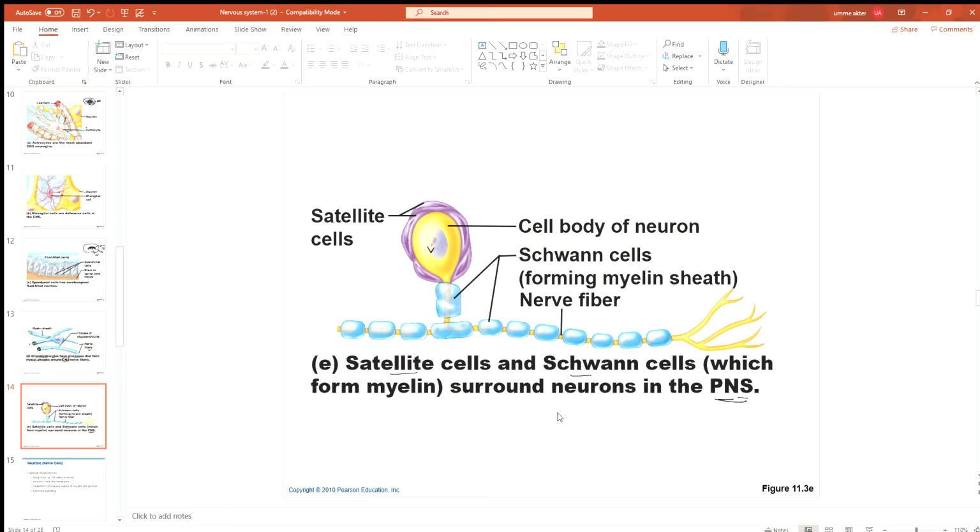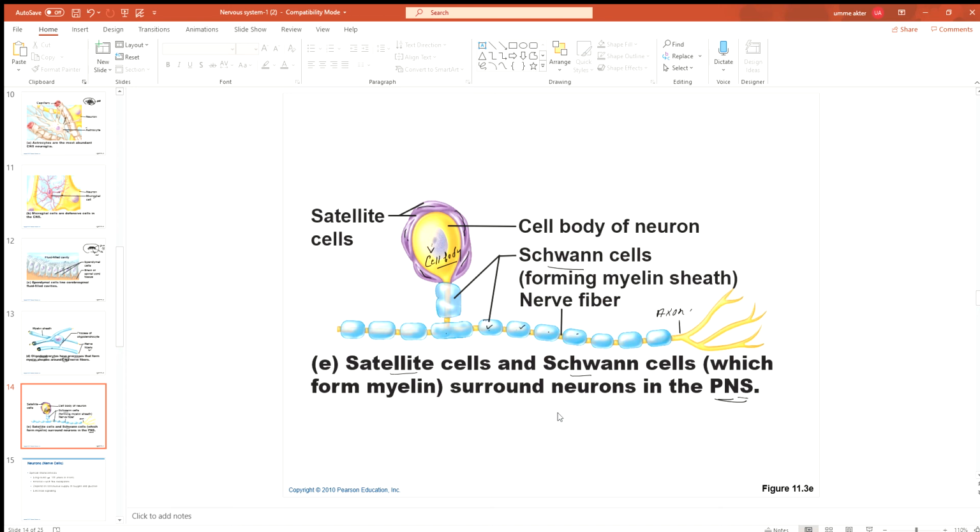And these cells, you see, are the satellite cells, and they cover the cell body of the neuron. And these cells are Schwann cells. They cover the axon. So you know this is the axon, and they form covering or insulation around the axon.